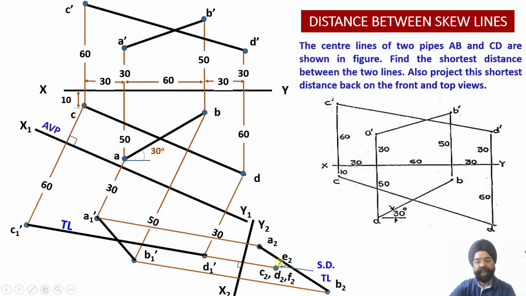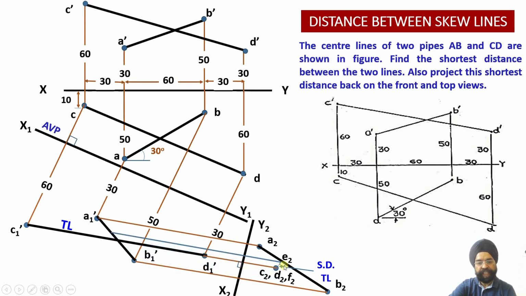So just see, this is my shortest distance or the true length. Measure this and write it down. Shortest distance equal to 3 millimeter or 4 millimeter. Now I have to take this point E2 backwards. So in order to take E2 backwards, as I have already told you, three forward projectors are there. I'll be drawing a fourth projector backward parallel to these three or perpendicular to x2 y2.